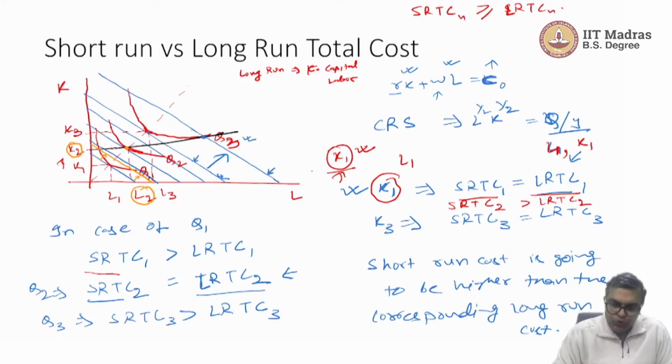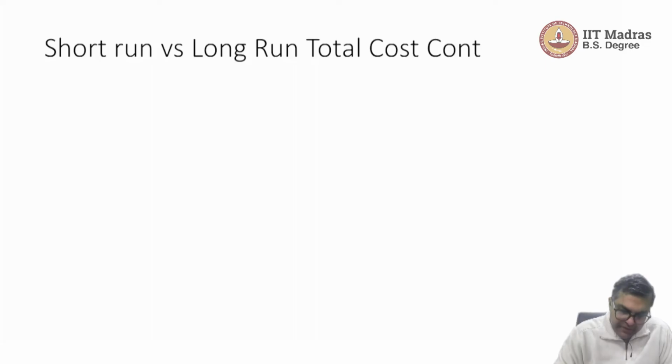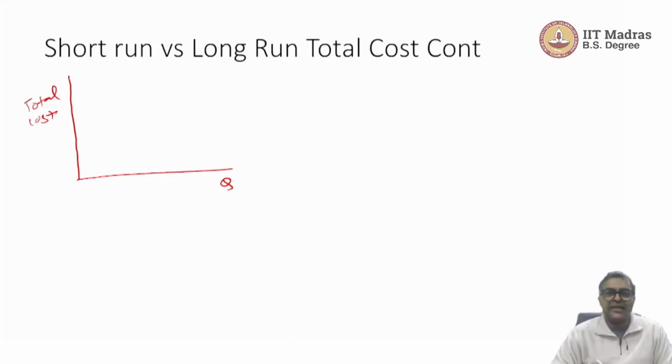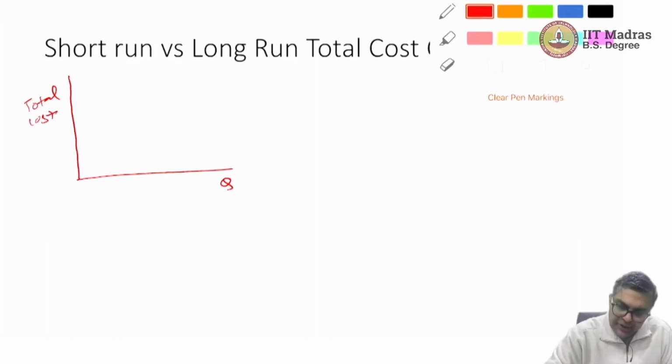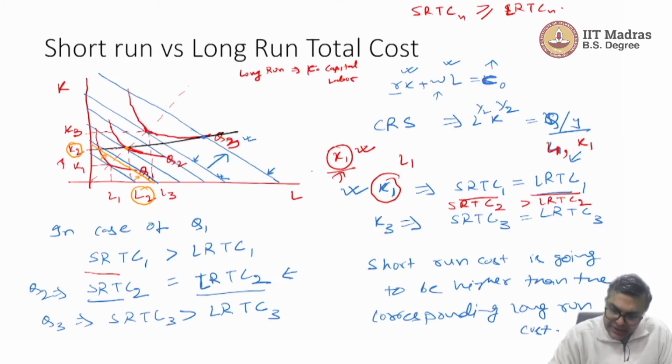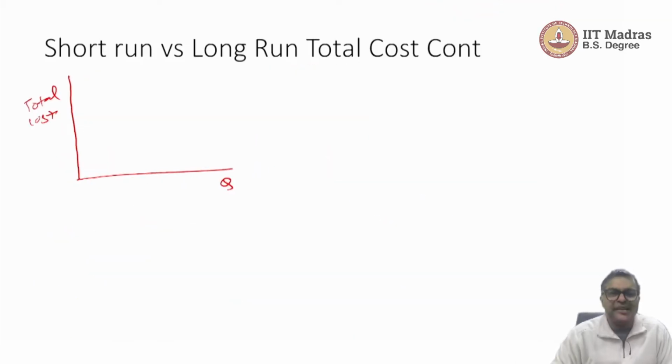Now, if we want to draw it in a graph, on the x axis we have the amount of output, and on the y axis we have total cost in the short run as well as in the long run. For the long run, we have already learned that as we are taking constant return to scale, it is going to be linear.